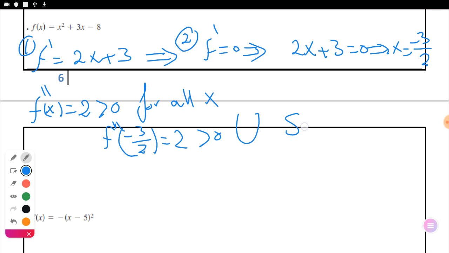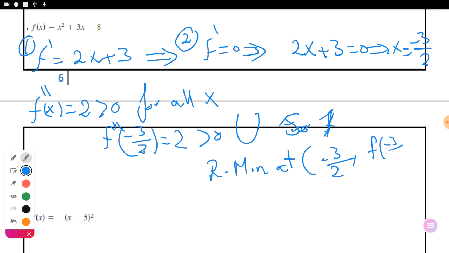So we have a relative minimum at negative 3 over 2, and f of negative 3 over 2. You have to find the value of this one using your calculator because I don't have a calculator.